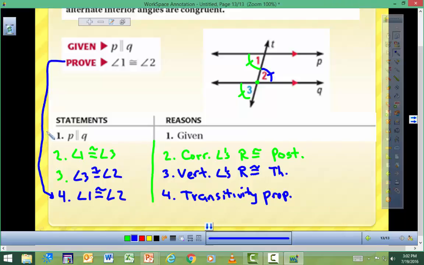So there you have it. We have a proof. We use the corresponding angle ones a lot. And so if you do a proof on your assignment, look over this example. It's very similar to the ones that you'll do on your assignment as well.